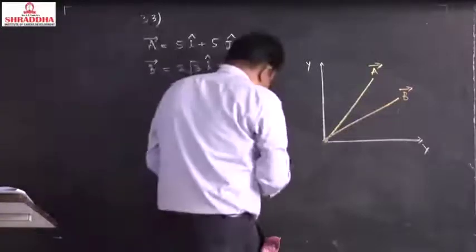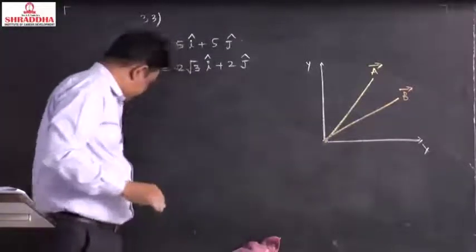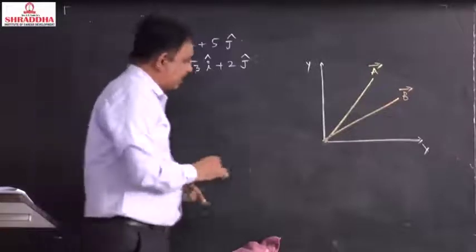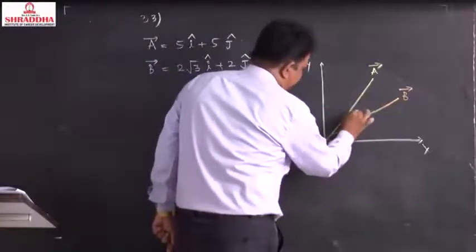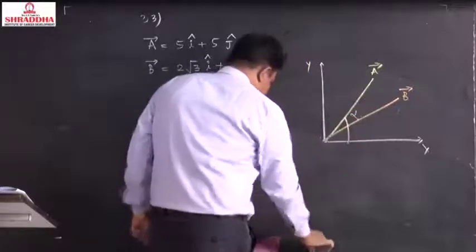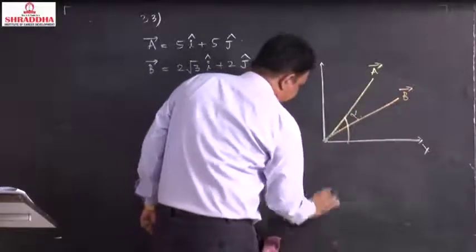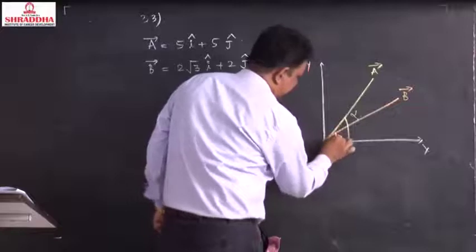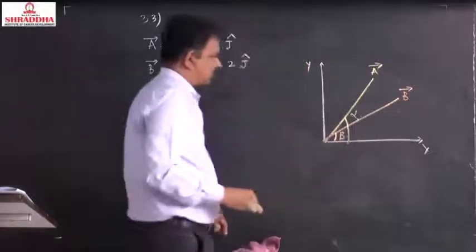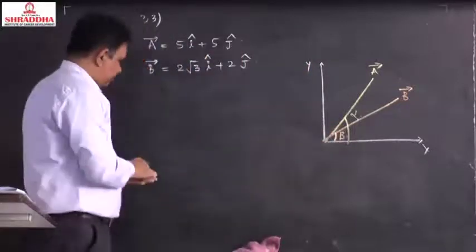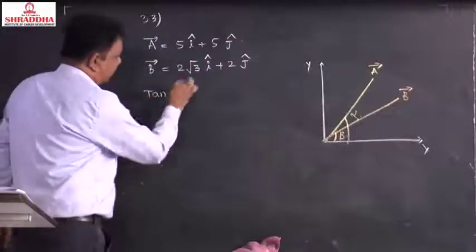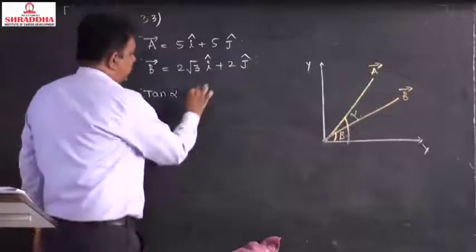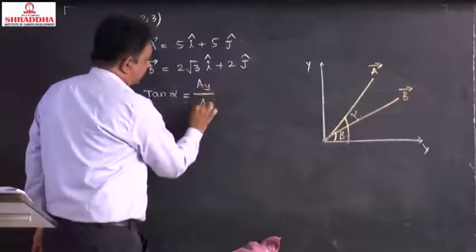I am assuming this angle as alpha. This angle I am assuming as beta. Tan alpha means AY by AX.